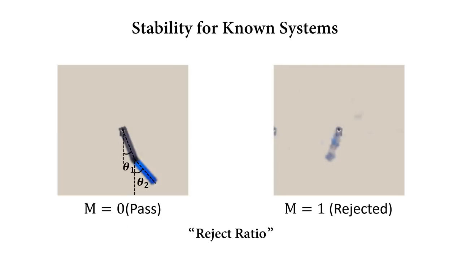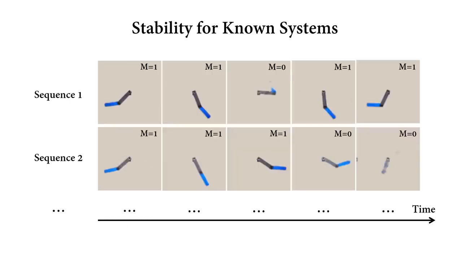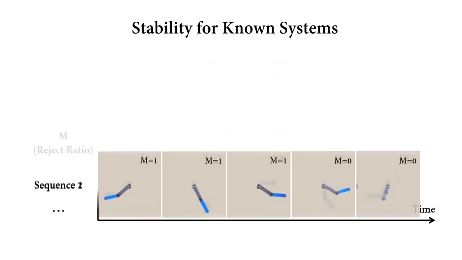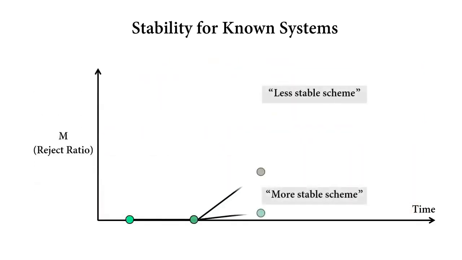Thus, M will be 1, otherwise M will be 0. Moreover, to more generally capture the long-term predictive stability of various prediction schemes, M should be evaluated on prediction sequences with multiple initial states. Therefore, we calculate M as the reject ratio to indicate how many predicted frames at each time step from different initial states will fail to pass the physical variables extraction test. With the above test, we can quantitatively compare the stability of various long-term prediction schemes.